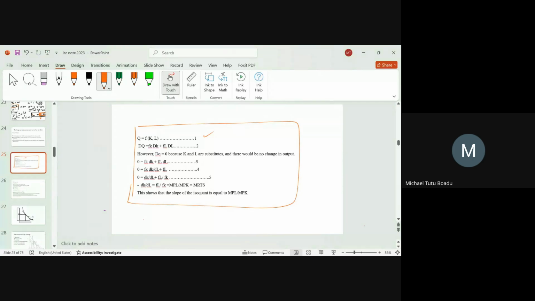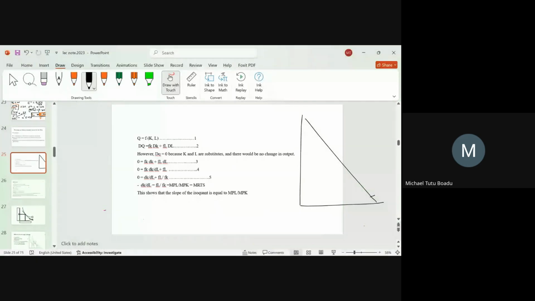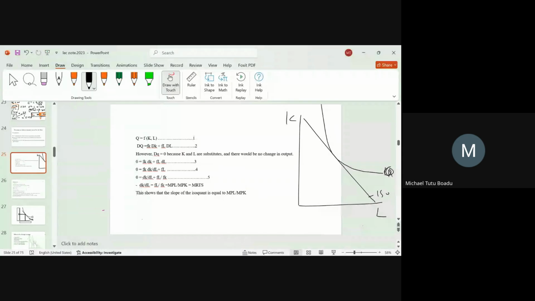I hope you remember isoquant. The combination of two goods. This is your isoquant, this is your isocost. Capital is here, labor is here. Isocost is the budget line, and isoquant is your production function.